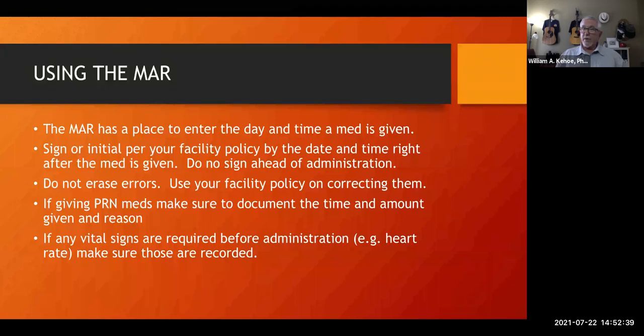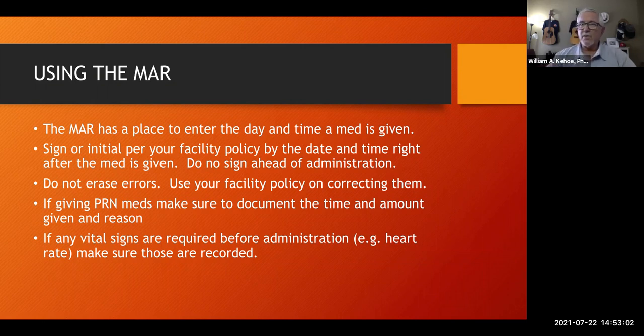And then if you're giving a PRN medication, make sure you document on there it was given at this time for this thing. Some medications actually require you to take a look at certain vital signs like blood pressure or heart rate. So for instance, there's a heart medication called digoxin that slows the heart rate down.